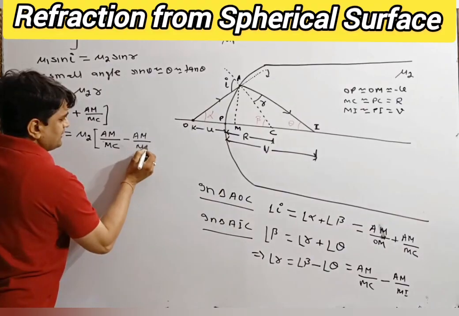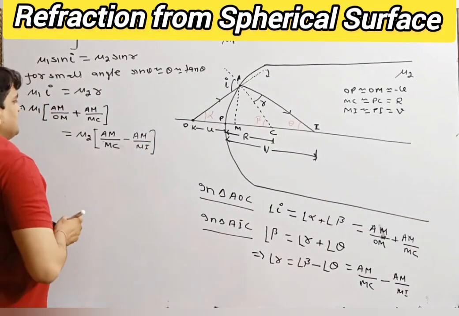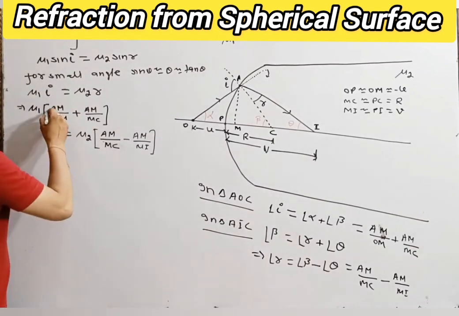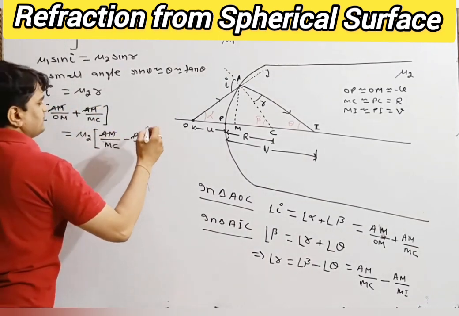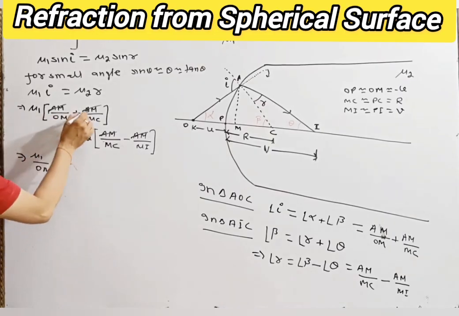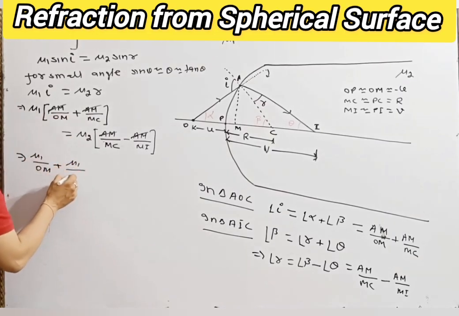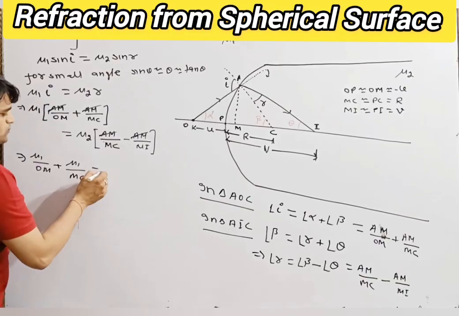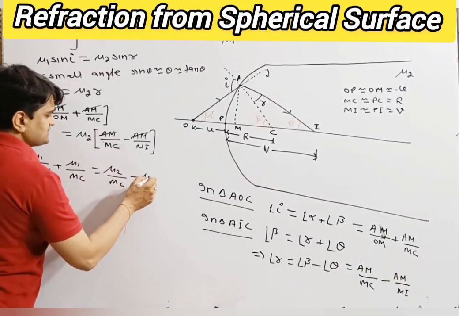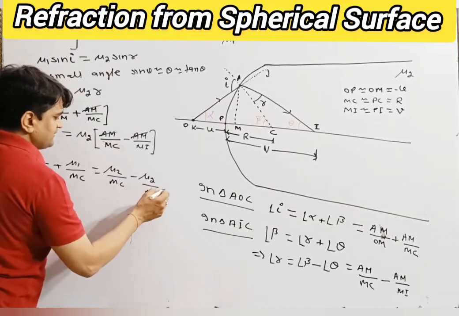Now see, AM is common, it will cancel out, and rearrange it. It will be mu1 upon OM plus mu1 upon MC equal to mu2 upon MC minus mu2 upon MI.